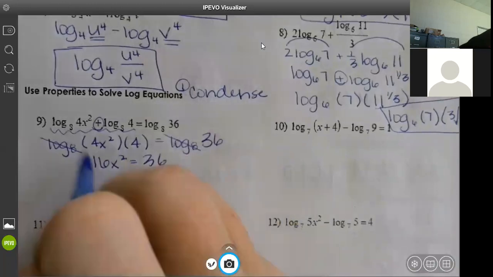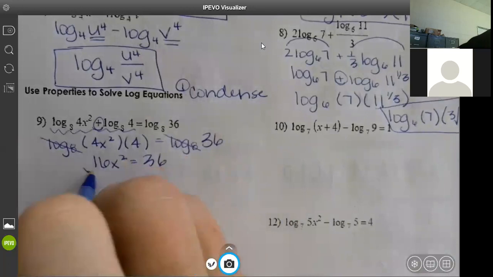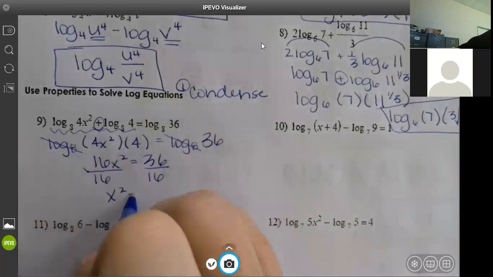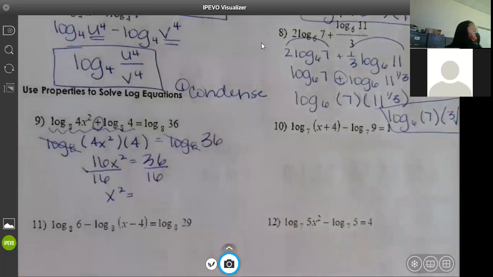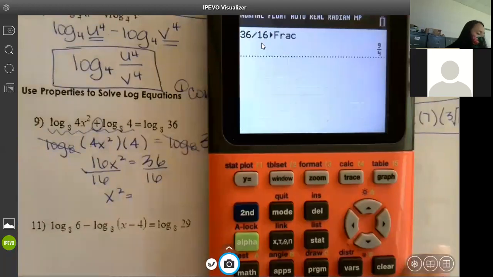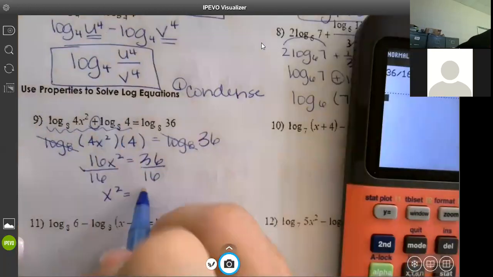We're going to square root. I'm sorry, we're going to divide by 16 and then square root. If you're not sure, keep this in fraction form, please. You can do math enter to reduce it. These give you really, really nice fractions.